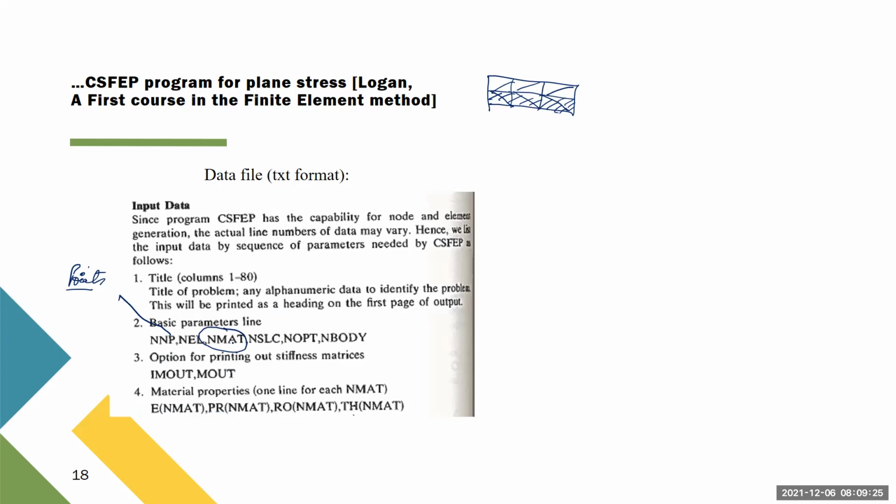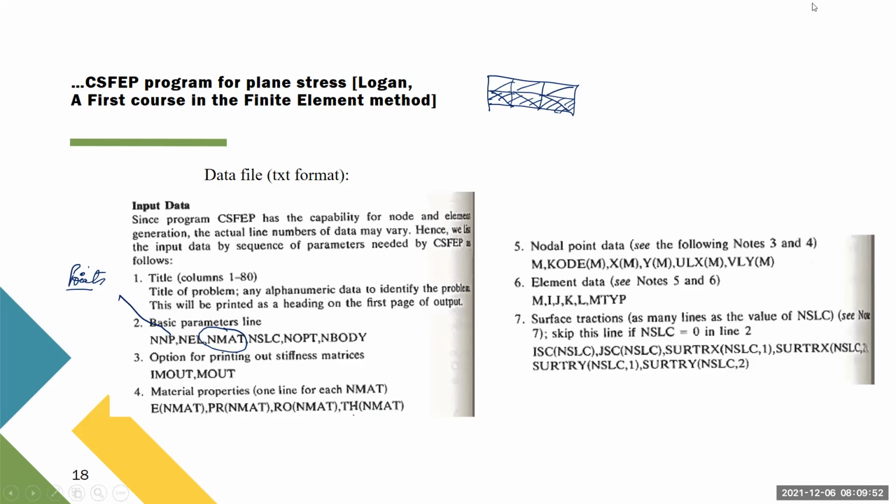So if you have the same material with two thicknesses, you have to include two materials and specify different thicknesses here. In your case, Isaac, you would include at least two, right? Because you have a reduction in thickness in the central part of your specimen. Yeah. Okay, let's go on.